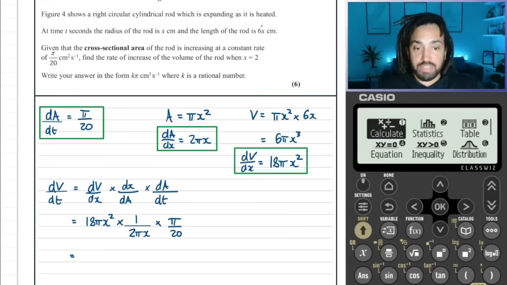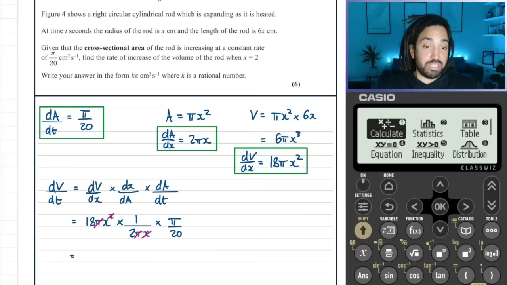Now we can definitely do some cancelling here. So we can cancel out a pi, one on top, one on bottom. We can cancel out an x, like so. And that'll do enough, I think. So 18 divided by 2 is 9. And then divided by 20 is going to give us 9 over 20. There's going to be a pi on top and an x on top, so it's going to be equal to this.